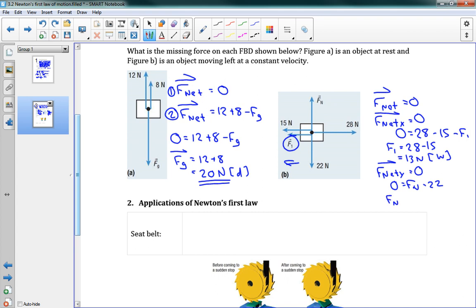That means that Fn is equal to 22 newtons up or north. I mean, we're not told what our directions are here, so we have a bit of freedom to say what we think they are. But here we have 13 newtons west, 22 newtons up. Perfect.